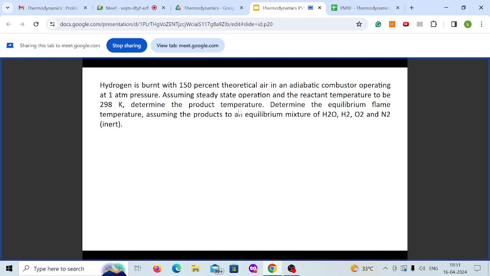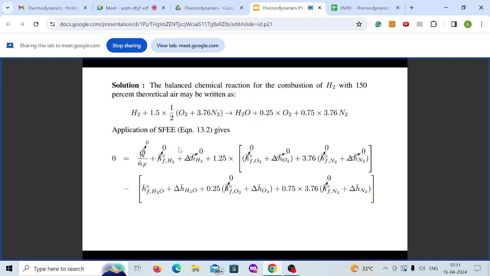So first we need to determine the product temperature and then compare it with the equilibrium flame temperature. So to find the product temperature, since it is reacting with 150% air, hydrogen plus 1.5 into half into O2 plus 3.76 N2, which will give you H2O plus 0.25 oxygen plus 0.75 into 3.76 nitrogen.